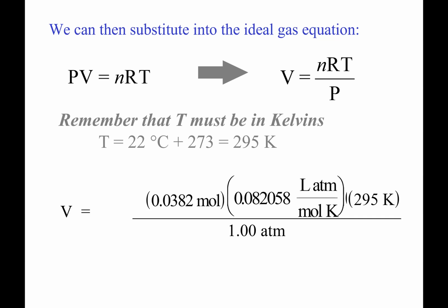I love canceling units. We're left with units of liters in the numerator. That's awesome. With 3 sig figs, that puts you at 0.925 liters. That would be the volume of H2 gas that we produced at that temperature and pressure. These have very practical applications in real life.